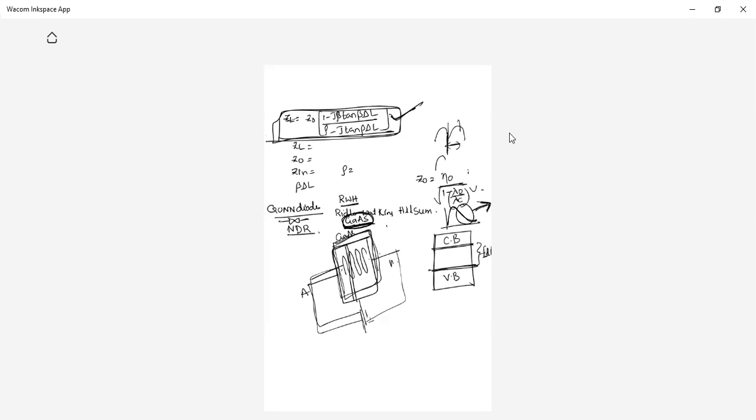For an electron to jump from the valence band to the conduction band, you should apply a voltage equal to the forbidden energy gap, which for gallium arsenide is 1.43 electron volts. Then the valence electron can move into the conduction band.